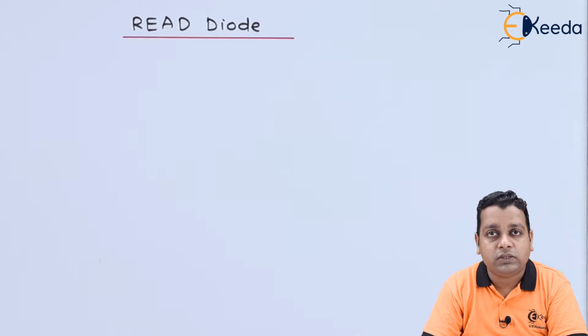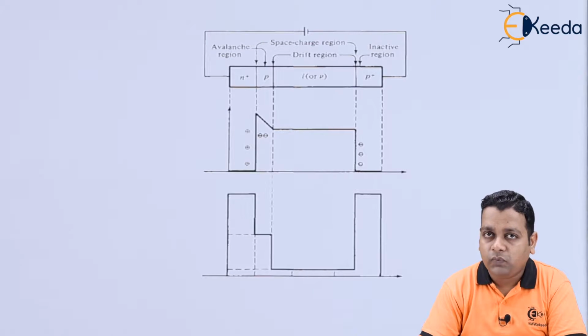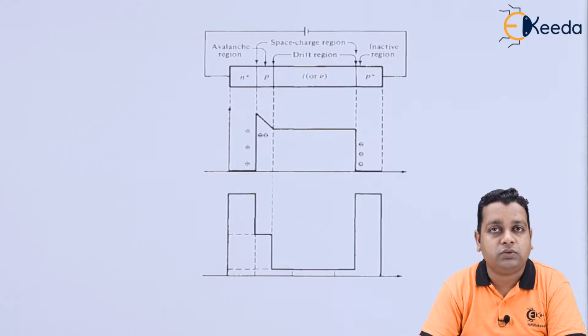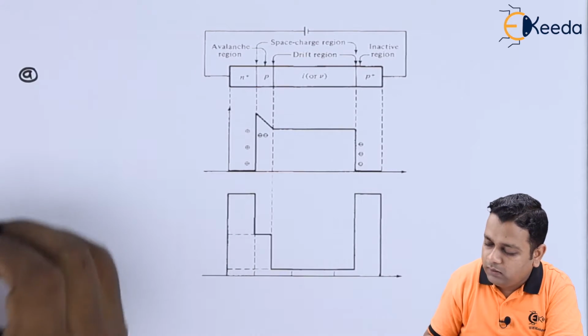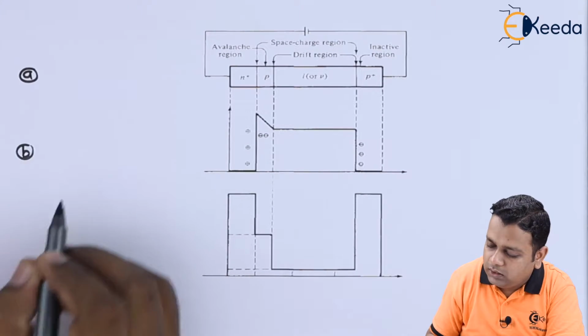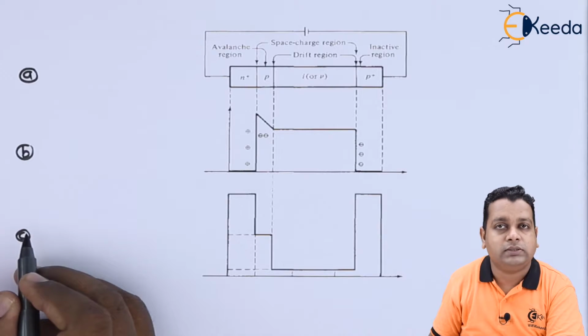First, we shall take a simple structure of the Read diode into consideration, and what exactly the biasing type is, what DC supplies we provide to the terminals of the diode. Here we have three portions in the figure: part A, part B and part C.